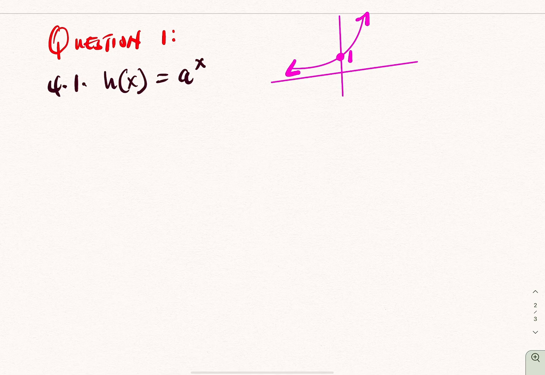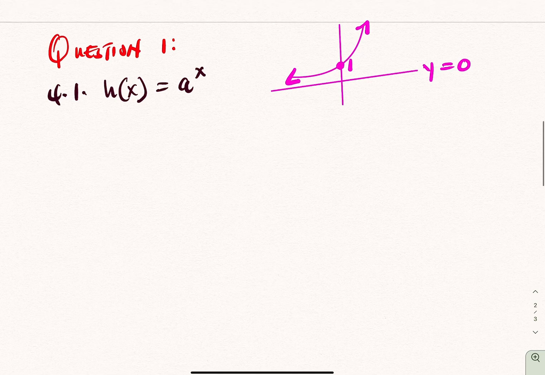This is 1 of the parent graph, and it does not have an x-intercept, but it does have the asymptote at y equals 0. Any base, to the exponent x, like y equals 2 to the power x, it can be 3, it can be 4, has the same asymptote.